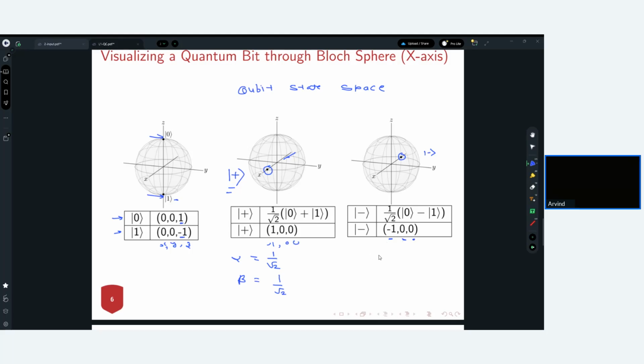Again, the alpha for this point is 1 by root 2, whereas the beta is -1 by root 2. So this point is the qubit minus.